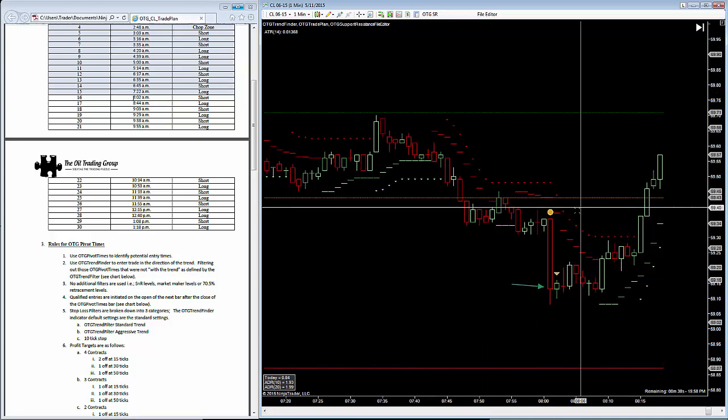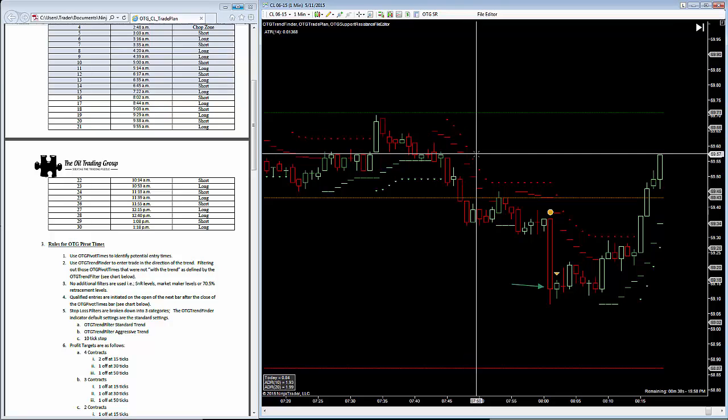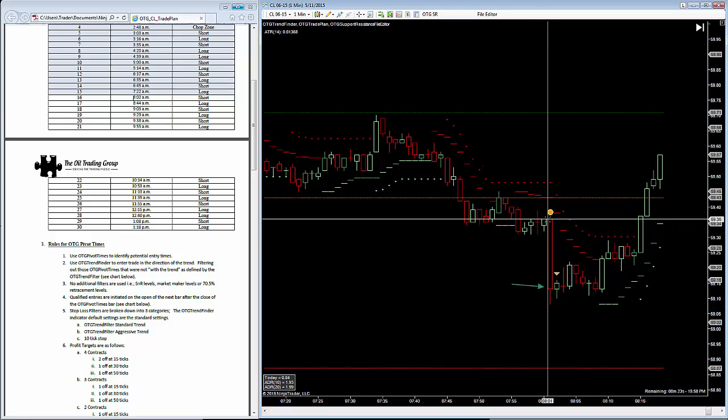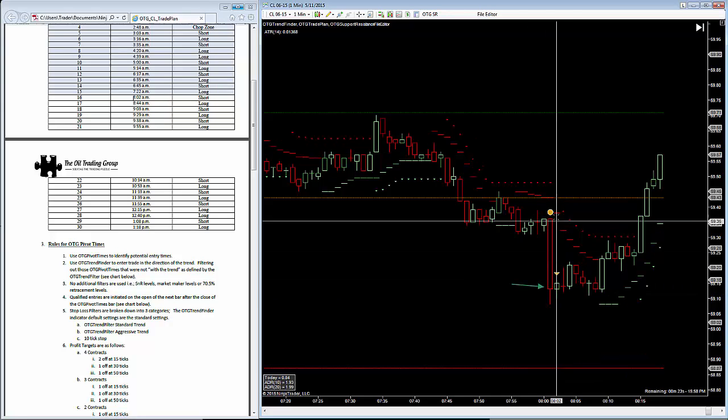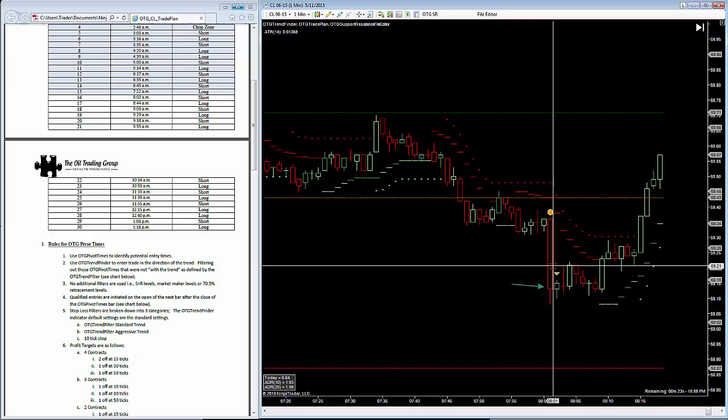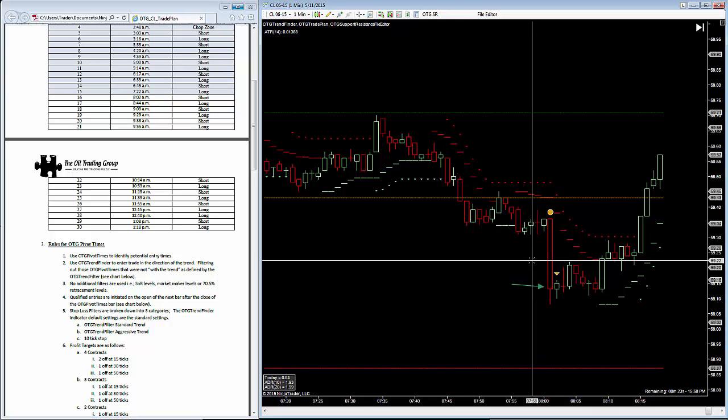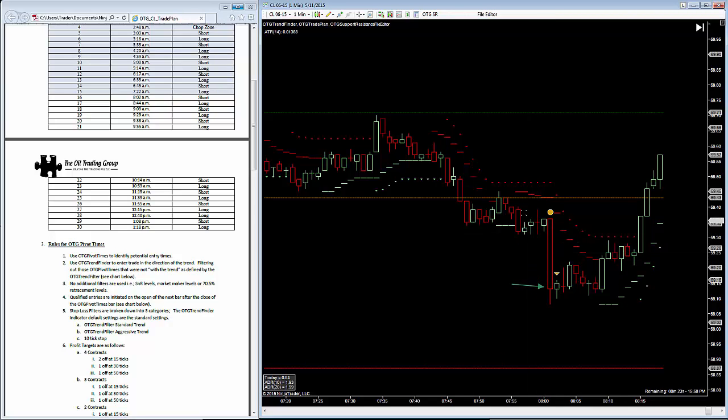What I want to show you, though, is that this entry system is predicated upon being with the trend. At this time of the day where we are expecting a move, we want that to be in line with our trend. The aggressive trend at this point was up here at 59.43.